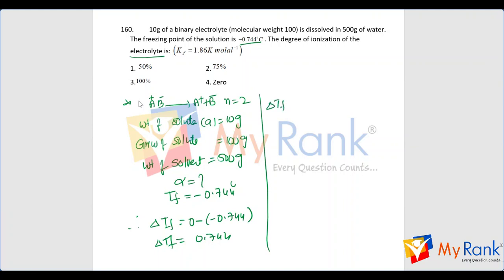Delta TF is equal to Kf into molality, A by M into 1000 divided by B, into the van't Hoff factor i.